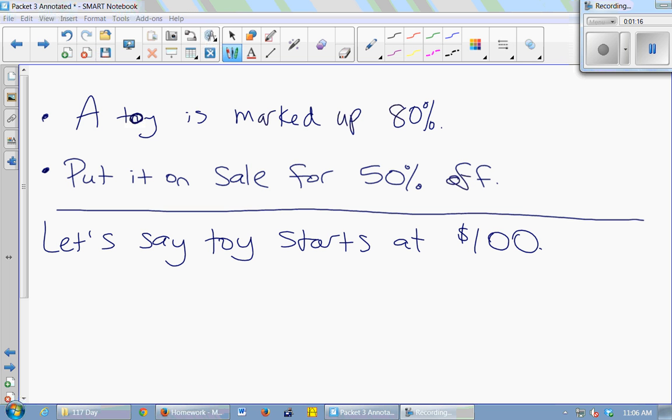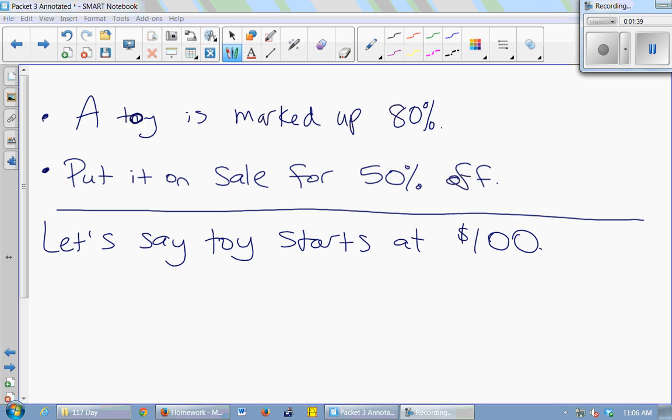You just make that up. This is our secret weapon for percent change problems that involve markups and markdowns. Just start with 100. And if it doesn't have to do with money, if it has to do with people and the amount of people that are changing, start with 100 people, right? It really can help when you're doing percentages.